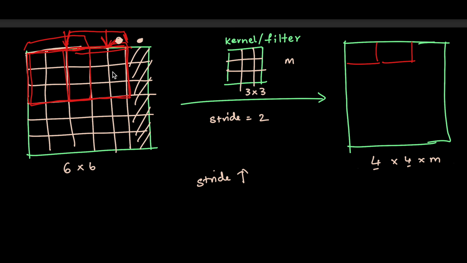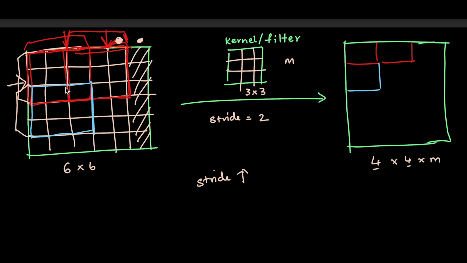And then again, we'll move down by 2 rows. That is, we'll start over here. Okay. So as we came to the end, we start over here. That means initially we covered this portion, right? That is 1, 2 and 3. Now we'll start from this second row and cover till this particular row. On this portion, we'll be applying the convolution operation. And after applying the convolution operation, we'll be getting another output.